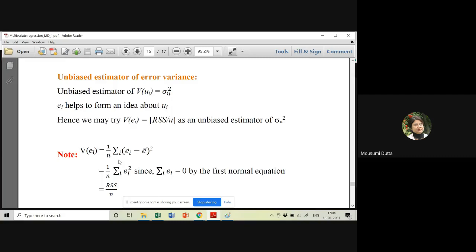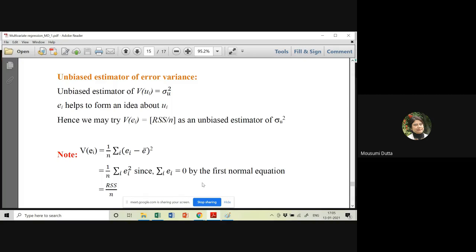Now, what is the variance of ei? I'm using the simple formula because ei is not random. It is yi minus yi hat, based on calculated values, so we can use the basic definition: 1 upon n summation ei minus e bar whole square. Now, what about e bar? By the normal equation, we get summation ei equal to 0.